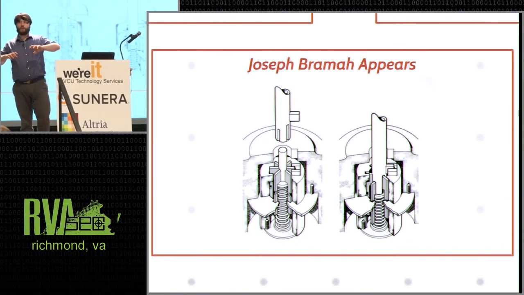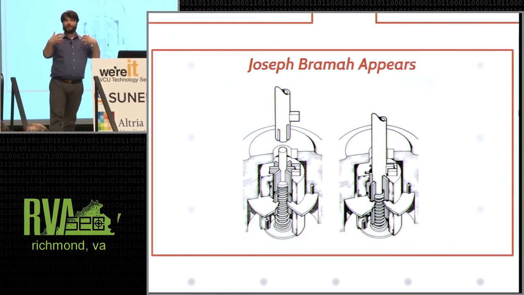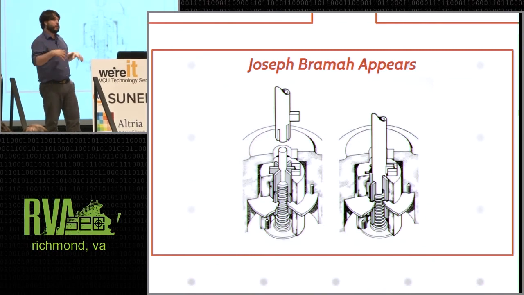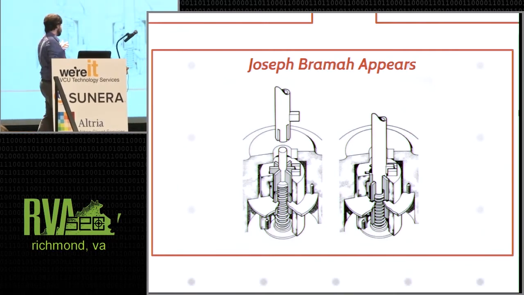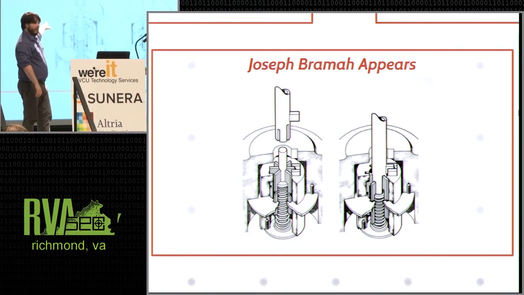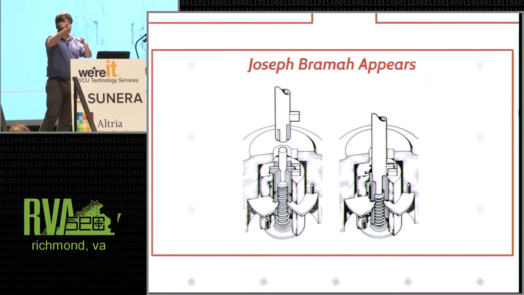So then we kind of get away from the evolution of things, because Joseph Bramah showed up out of nowhere with a message from the future about his crazy Bramah safety lock. The way that this thing works is that the key, which you see on the left there, has a series of slots cut out of it.